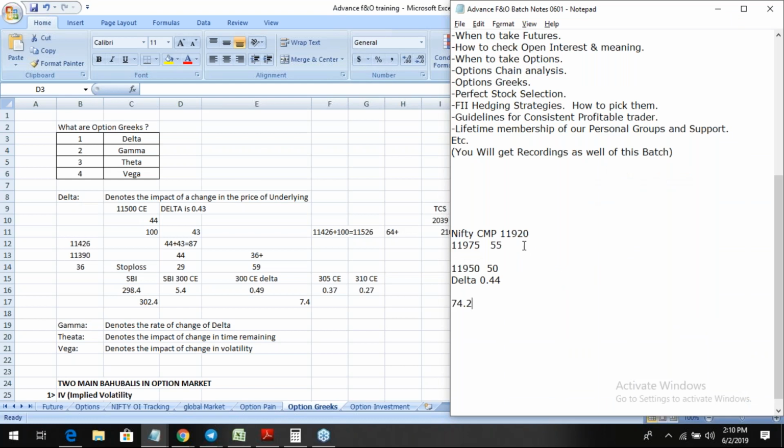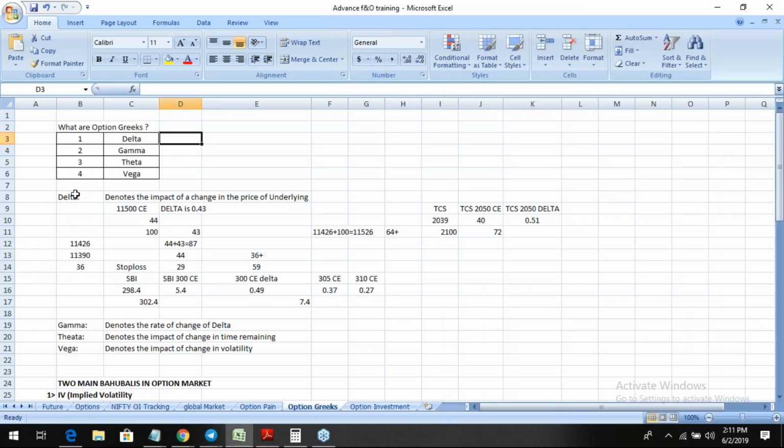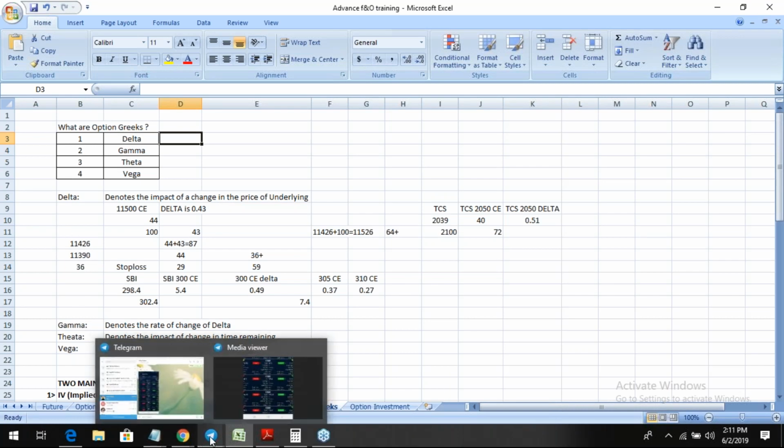Means if Nifty goes 10 rupees up, our premium goes 4.4 rupees up. If Nifty goes 100 rupees up, our premium goes 44 rupees up. Did everyone understand delta?